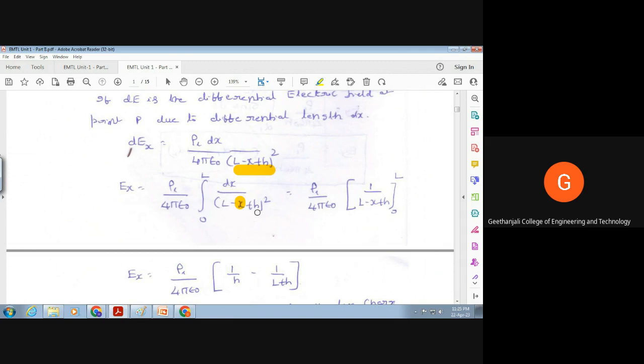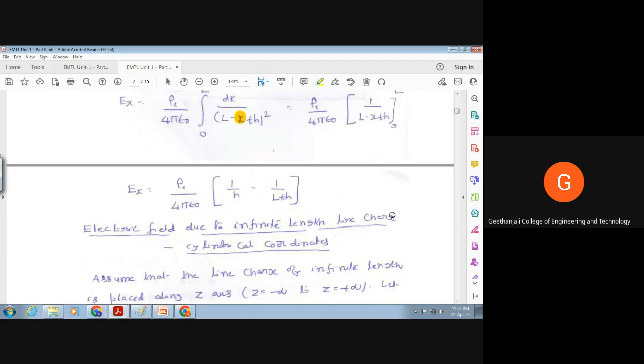L is constant, h is also constant. So it is equal to rho L by 4 pi epsilon naught times 1 by (L minus x plus h). The limits are x equal to 0 to x equal to L. So this is the expression for the electric field intensity.